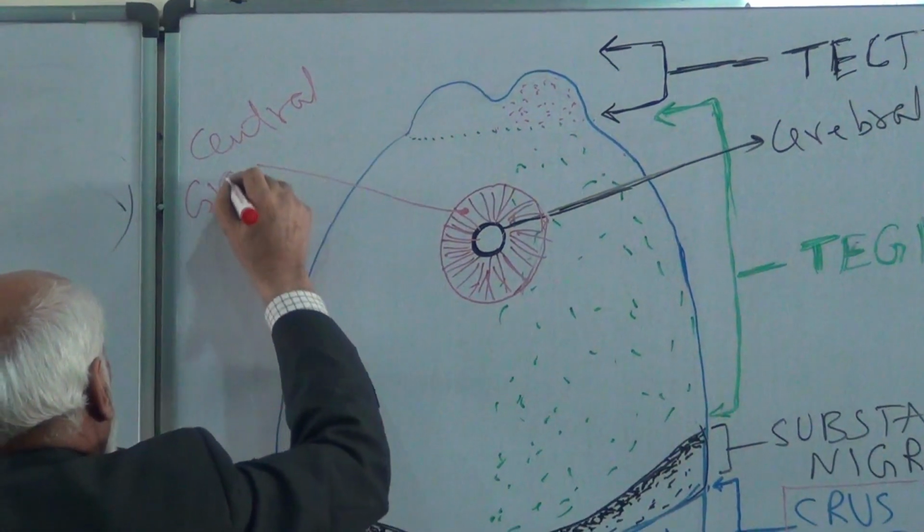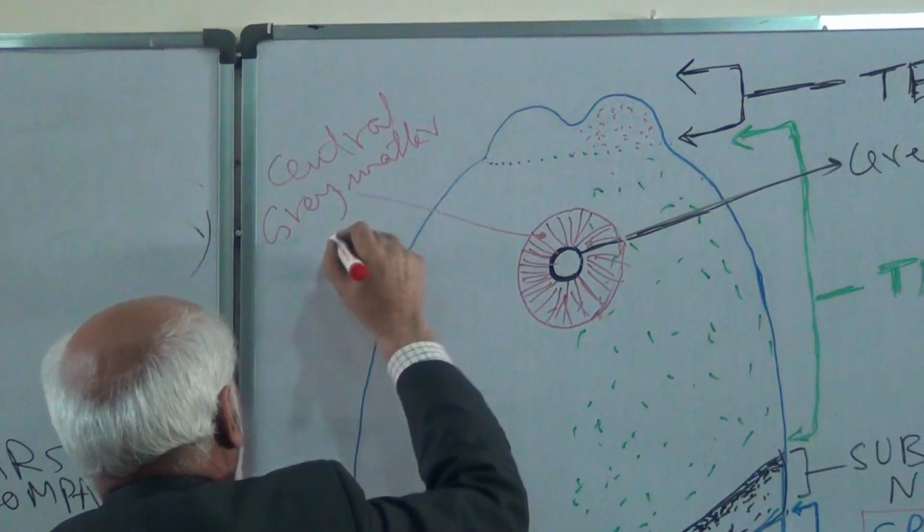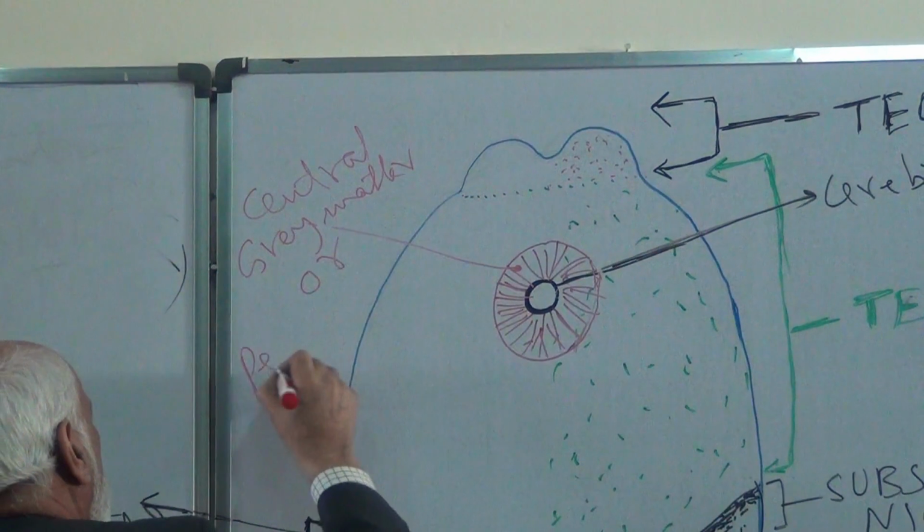Central gray matter, or periaqueductal gray matter.